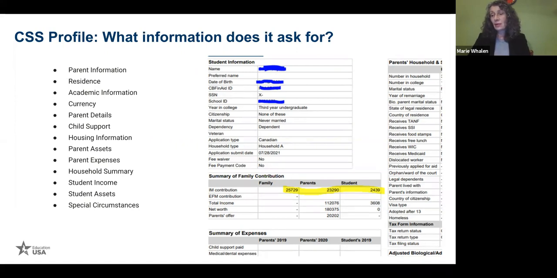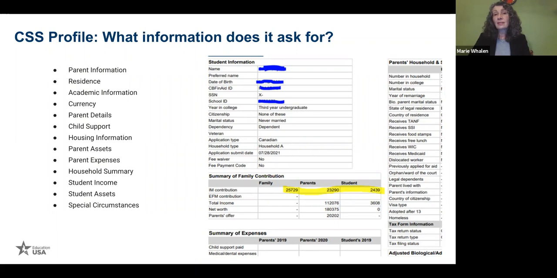Now, the CSS profile, unlike the FAFSA, for example, considers details such as a family's medical expenses and schooling costs for siblings and cost of living in different states or countries that can really benefit a student in terms of getting additional funding that they otherwise might not.